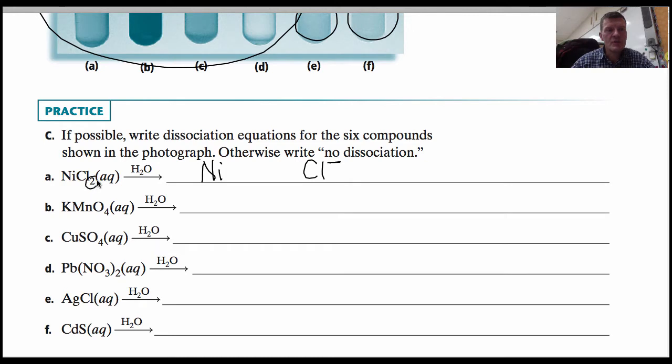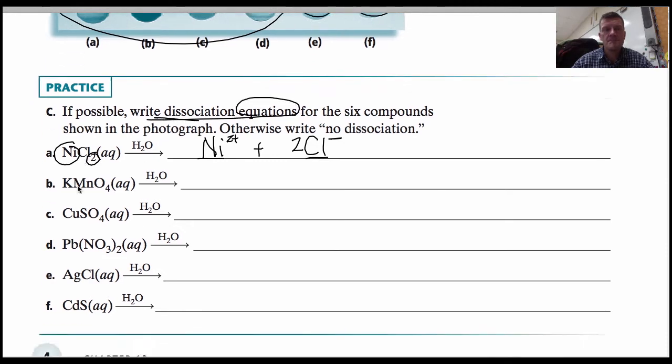And if there are 2 of them, there are 2 there, then nickel must be a +2, because remember the charges all have to add up to 0. So nickel must be a +2, each chloride is a -1, and there are 2 of them, and this is how you would write the dissociation equation for nickel chloride.